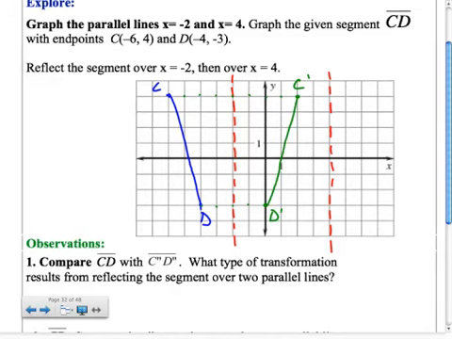Okay? And then the last step is to now reflect it over the line x equals 4. So again, 1, 2, 1, 2. There's C double prime. Let's see where we're at here. 1, 2, 3, 4, 1, 2, 3, 4. There's D double prime. And so that final segment there, the red one, is our resulting image.